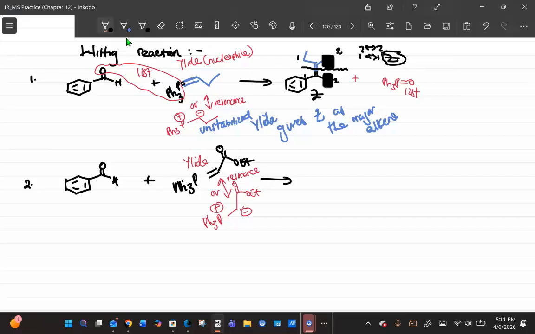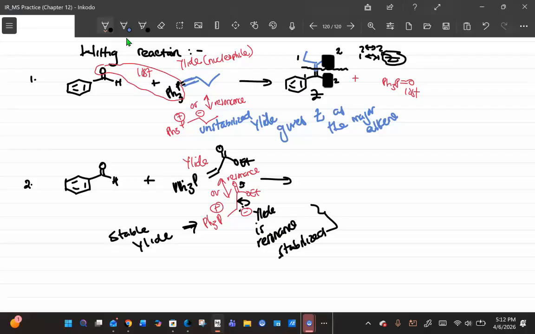Here, if you look closely, this lone pair can do resonance to the carbonyl. See that? So this ylide is resonance stabilized. So when you're dealing with stabilized ylides, they should give E as the major.